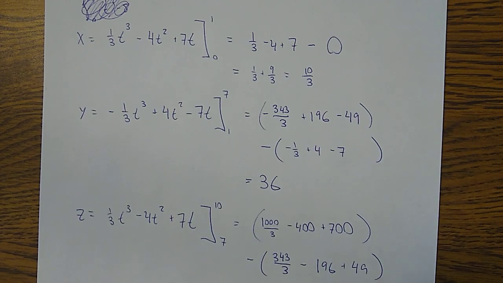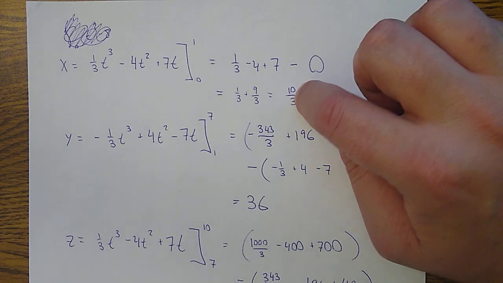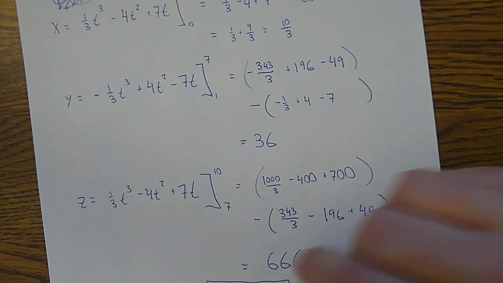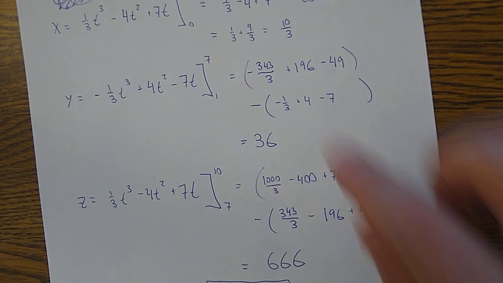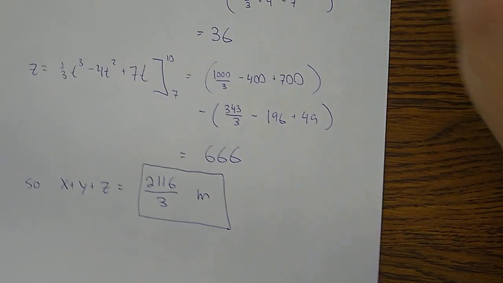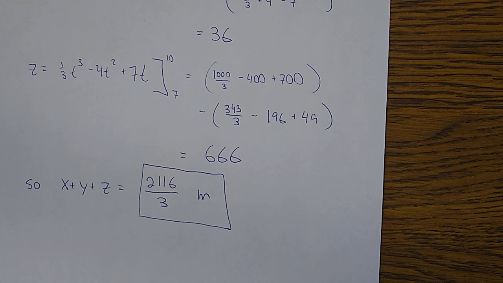So one thing you should do is check as you go. If I got a negative answer for x or a negative answer for y or a negative answer for z, I would know I did something wrong. I didn't, and that's why this makes sense. Right. So that's it. We can just call this good.